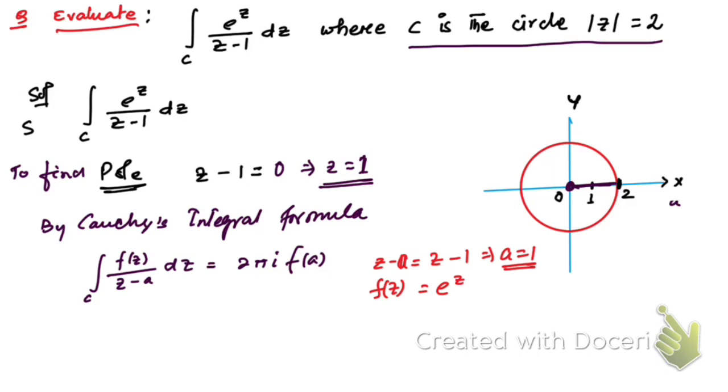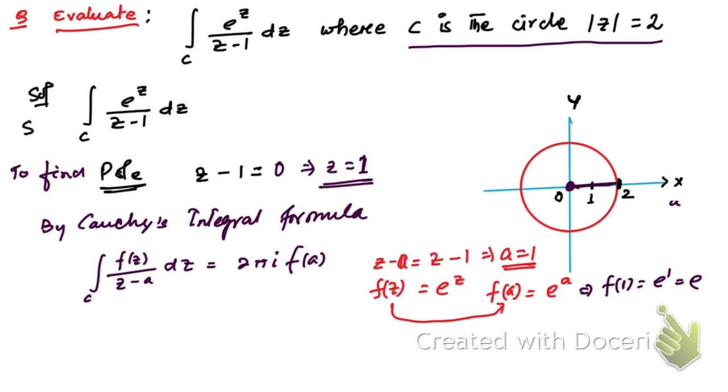Then what is f of a? If you put f of a, then z should be replaced by a, so we have e to the power a, and the value of a is 1 here, so a is replaced by 1. So we get f of 1 is equal to e to the power 1, that means e.